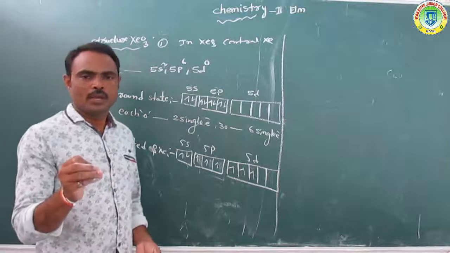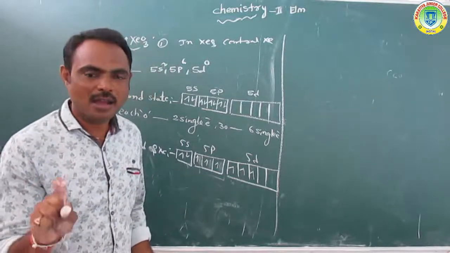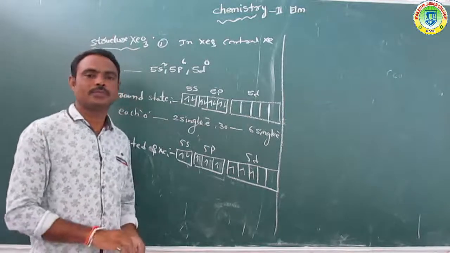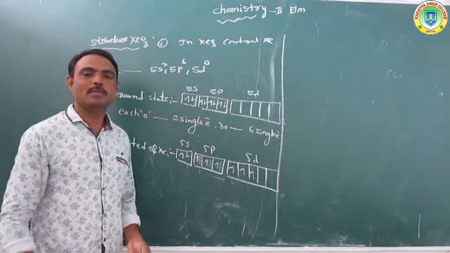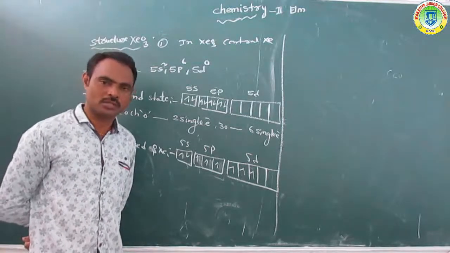So in this third excited state, the xenon atom contains 6 single electrons. How many single electrons? 6 single electrons.